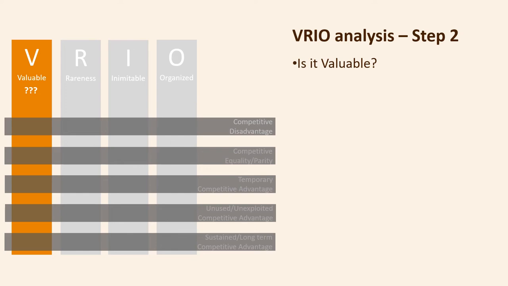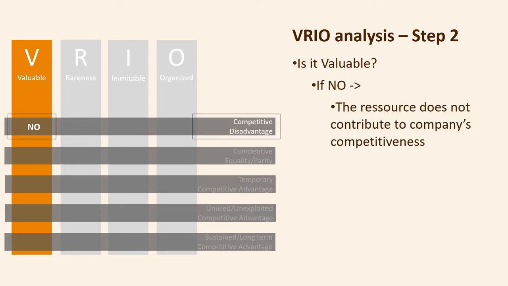We start on the left side by asking ourselves whether the resource in question is valuable. If it is assessed that the resource is not valuable and thus a no, then the resource does not contribute to the company's competitiveness. The resource gives your company a competitive disadvantage. There is no basis for continuing to evaluate this competence.